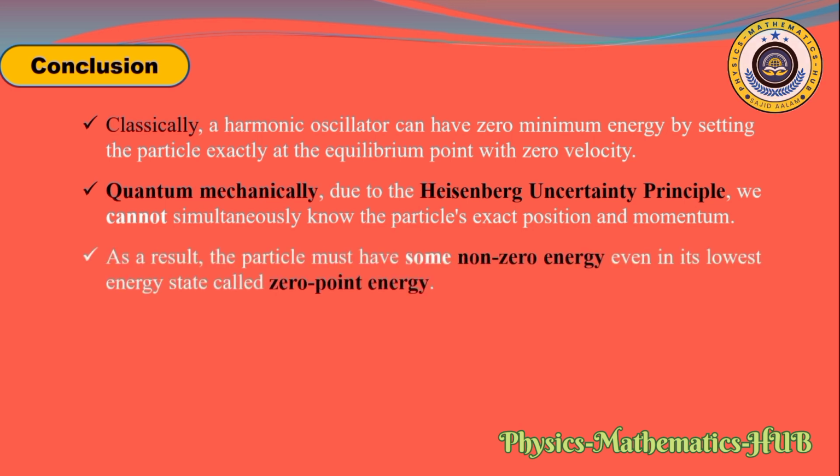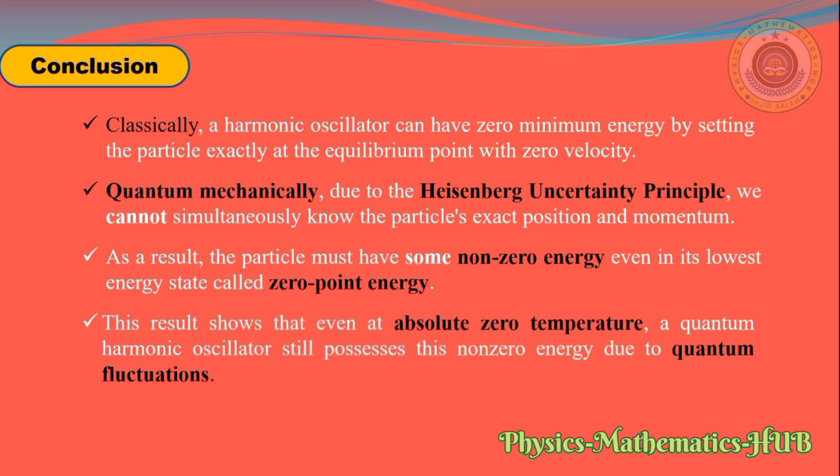As a result, the particle must have some non-zero energy, even in its lowest energy state, called zero-point energy. This result shows that even at absolute zero temperature, a quantum harmonic oscillator still possesses this non-zero energy due to quantum fluctuations.